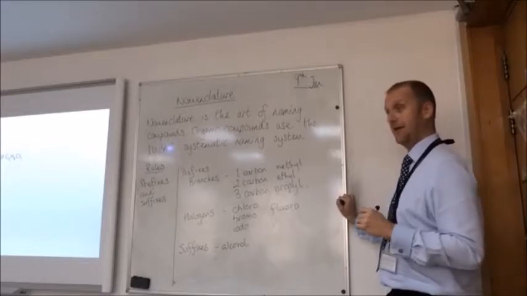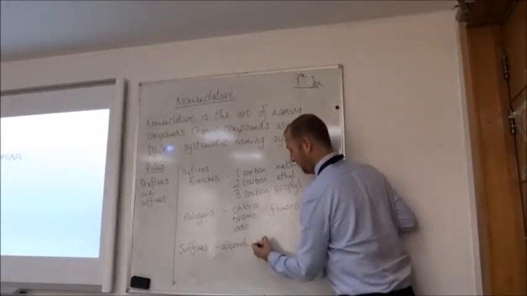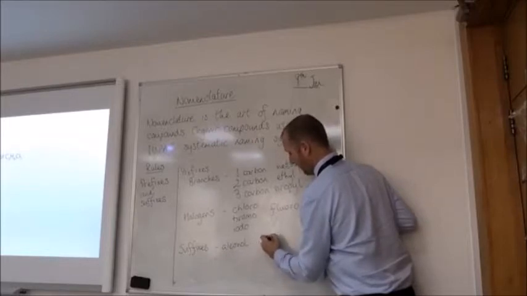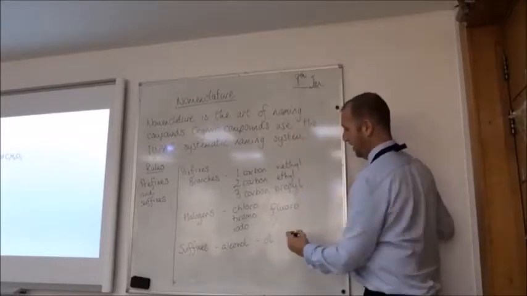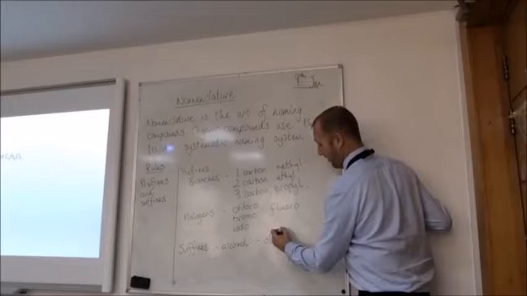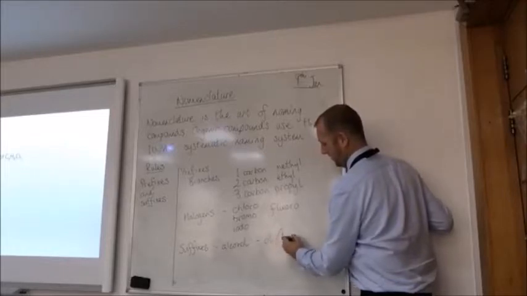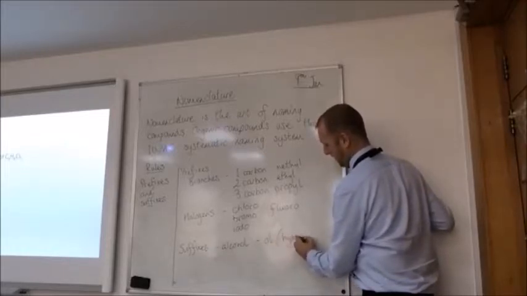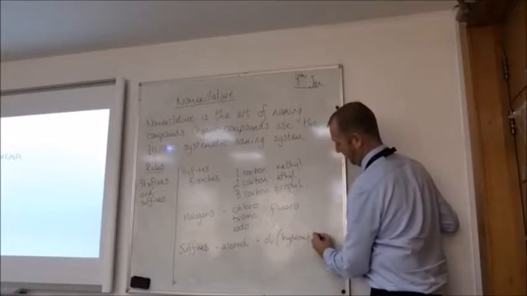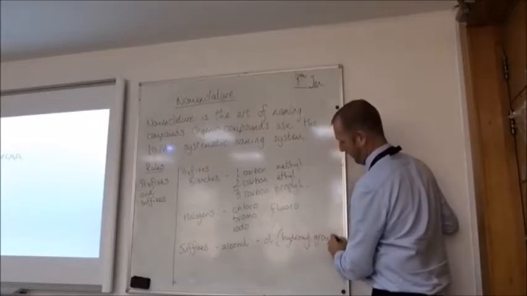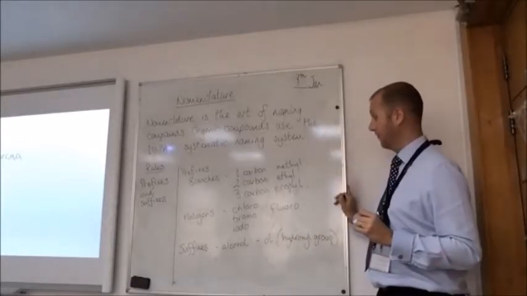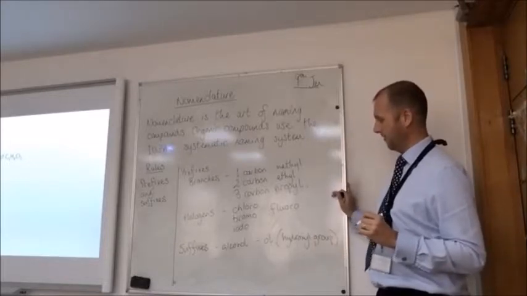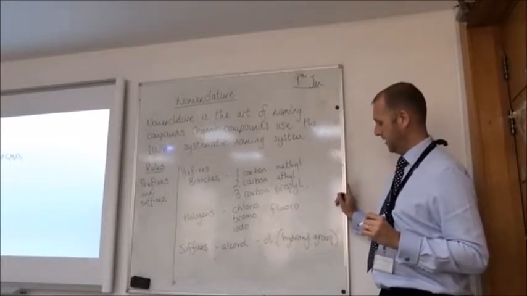Ol, exactly. So we just change the name to ol. That group on its own, just so you know, is called a hydroxyl group. So if we talk about things that have a hydroxyl group, then we're talking about alcohols.